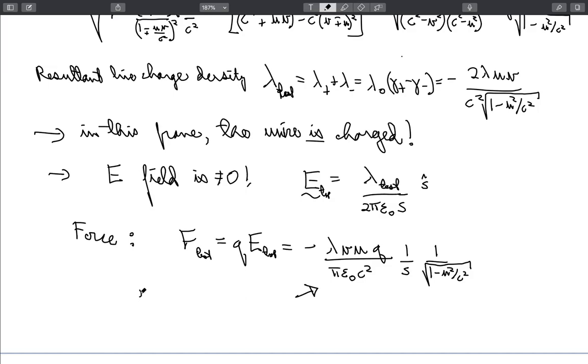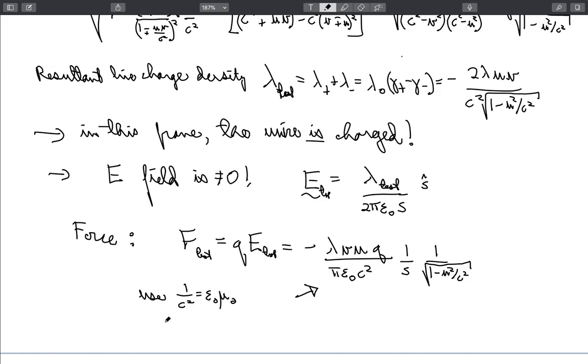So just use that 1 over c squared is equal to epsilon 0 mu 0. You see, I've already got the epsilon 0 c squared. So this thing here is just 1 over mu 0. So I just have a mu 0 on top.